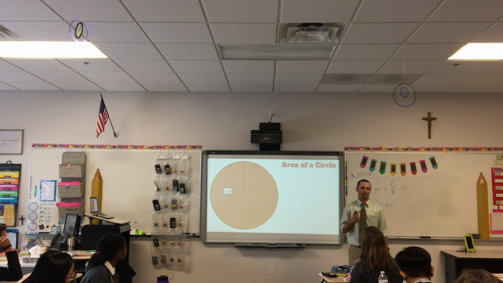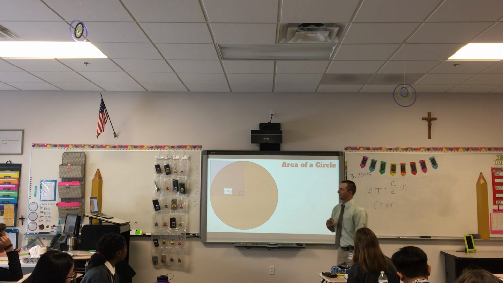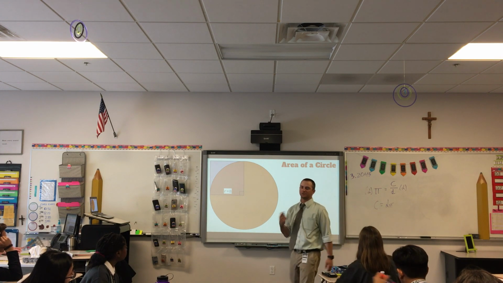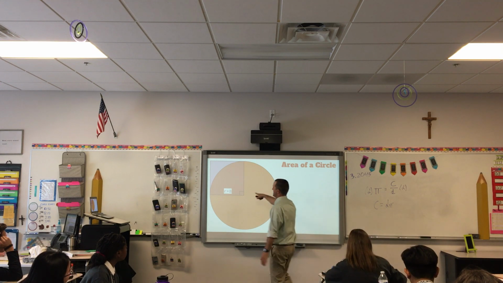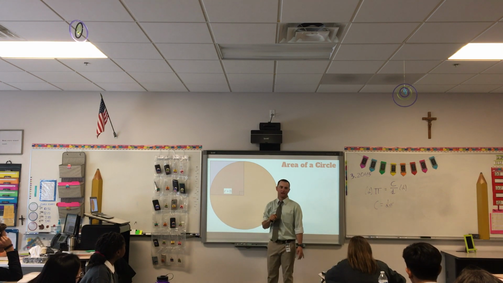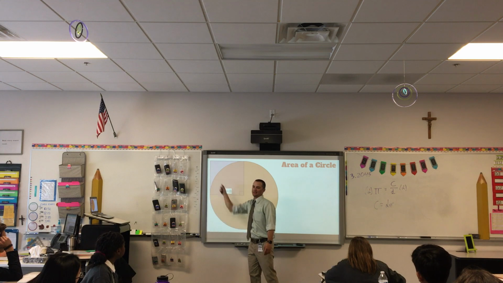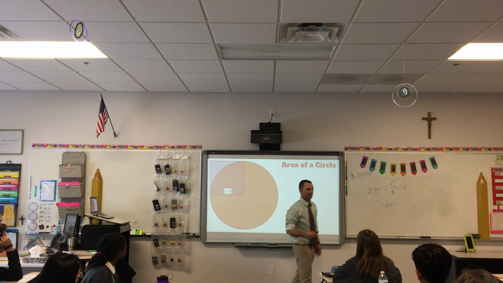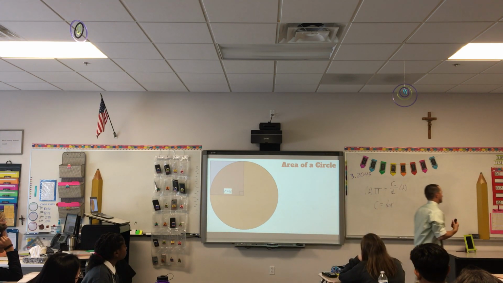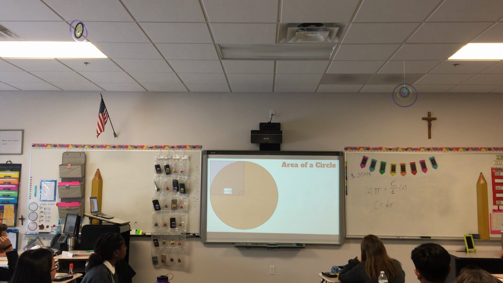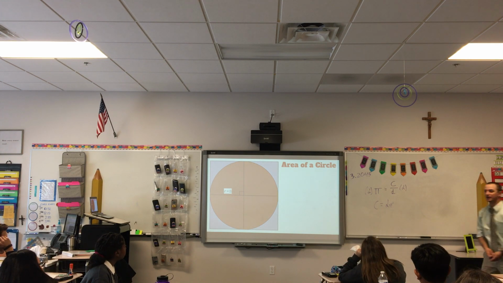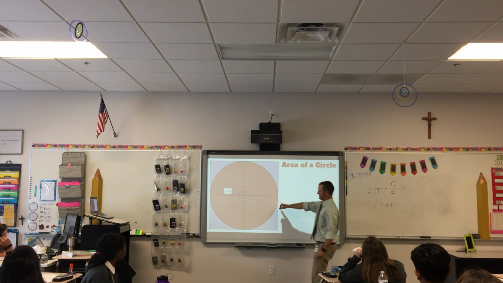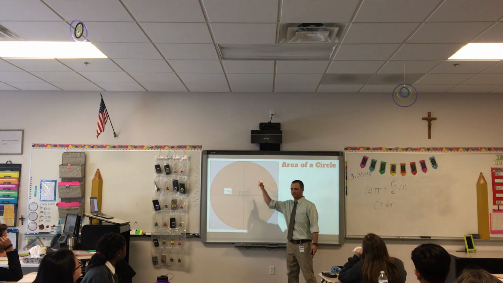But I need to figure out how many of these squares actually fit into my circle. Because notice, if I just multiplied the two radii, I'd get the area of this square, right? How many of those squares fit into my circle? 4, kind of 4, but remember there's this little bit on each square that's missing, right?